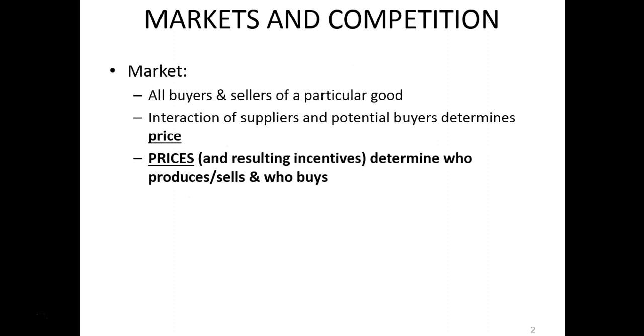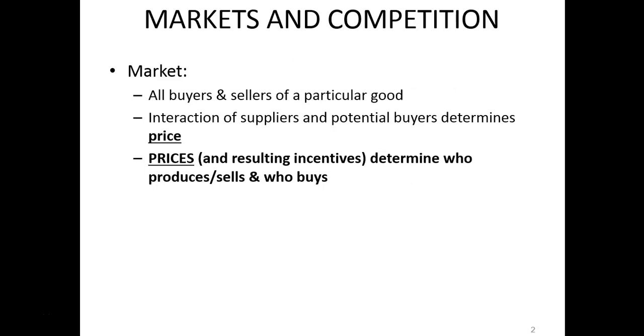Okay. Now a little more background. So I've mentioned the word market. A market is basically just for any product category, whether it be smartphones or cars or breakfast cereal, all of the buyers and sellers of that particular good in that market, and how they interact together.